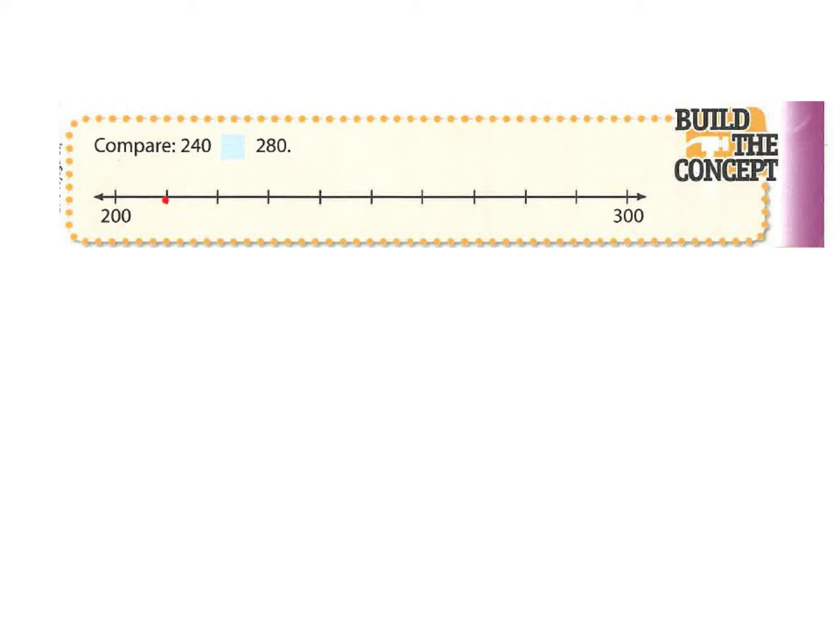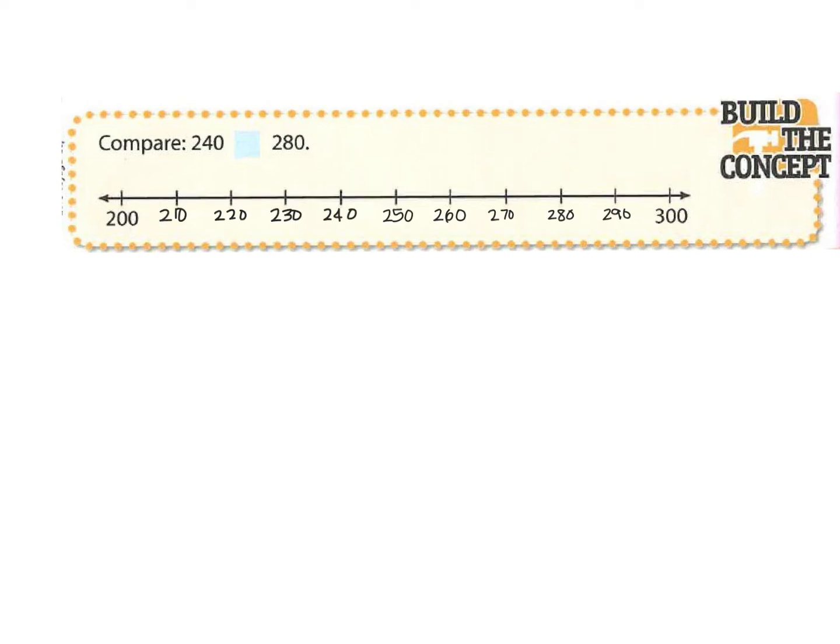So then we would have 210, 220, 230, 240, 250, 260, 270, 280, 290, 300. So that works. So I'm going to write it out, and then you can pause the video and write it out as well. So go ahead and pause the video and then label your number line.